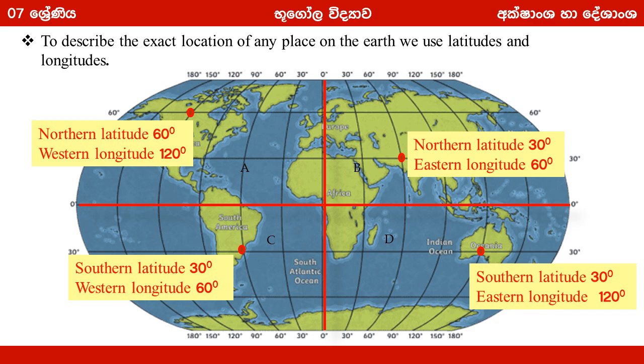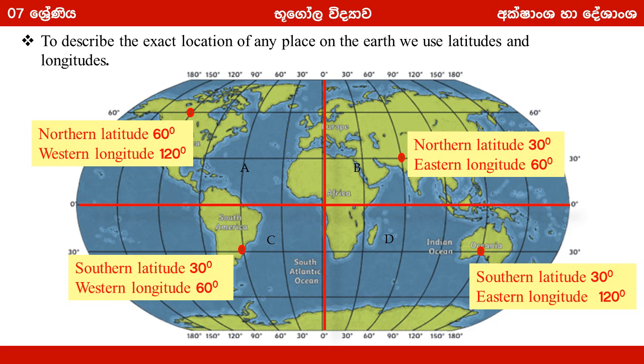To describe part A, or the places located in part A, we can use northern latitudes and the western longitudes. To describe the positions in part B, we can use northern latitudes and the eastern longitudes.